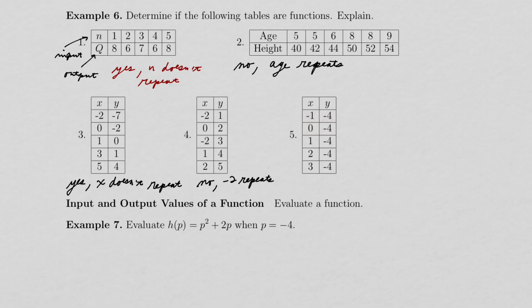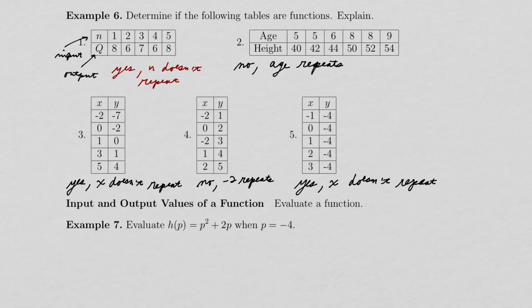So yes, this last table represents a function. So the x doesn't repeat, right? We don't care about the y in terms of functions. Later, when we talk about a particular function called a one-to-one function, then we will care about the y as well, the output. But for now, for a function, we only care about whether the input repeats.